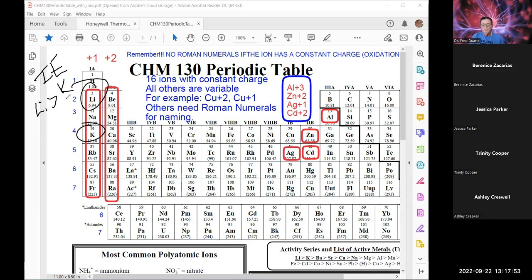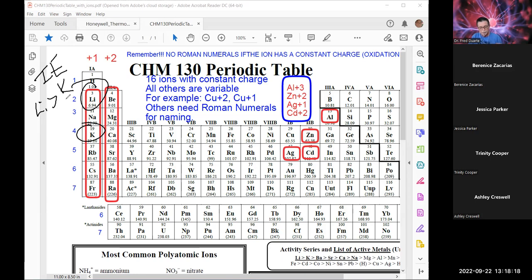Point number one: lithium has only 3 electrons, and potassium has 19 electrons. You might think the nuclear force would have an effect, but let's put that to the side for a bit.